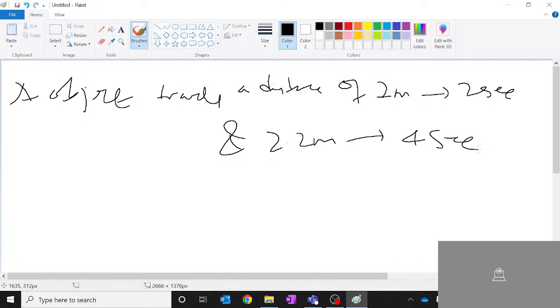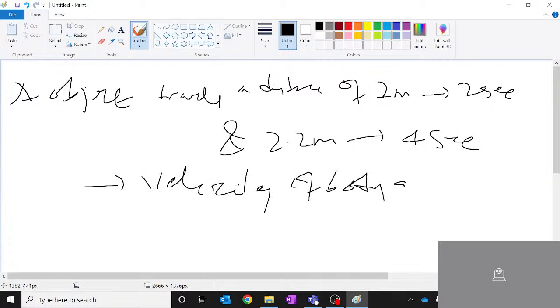Now the given question is, what will be the velocity of the body at the end of 7th second?